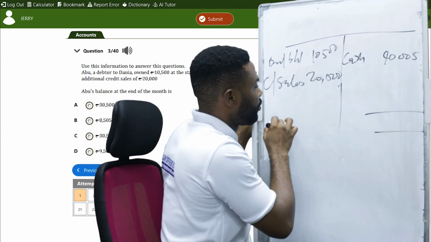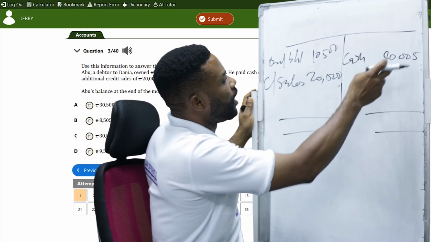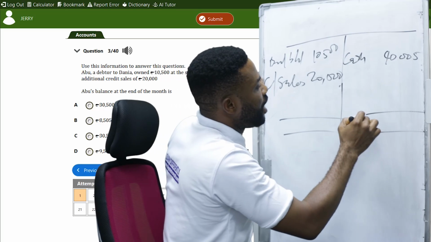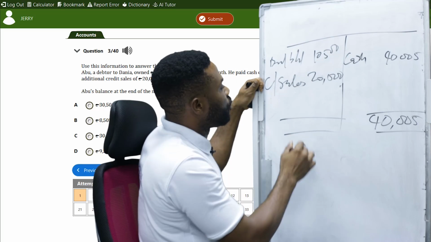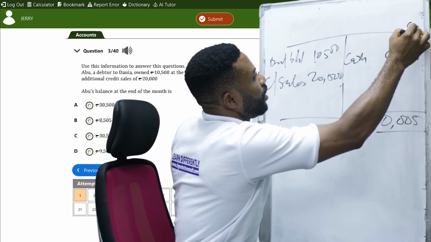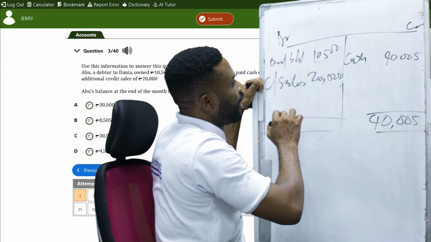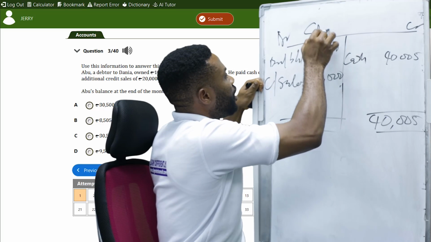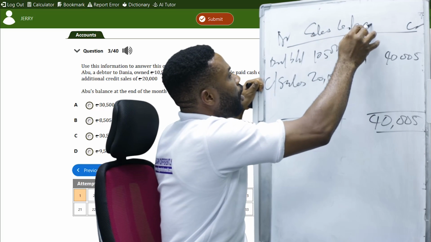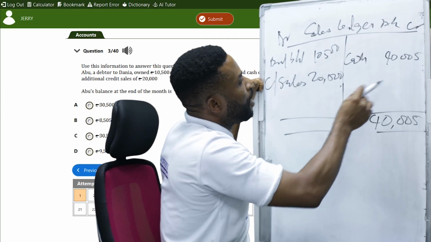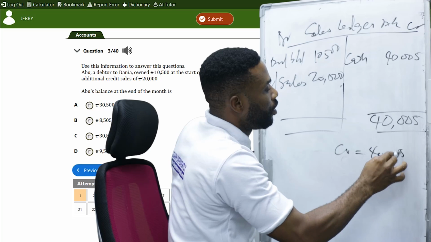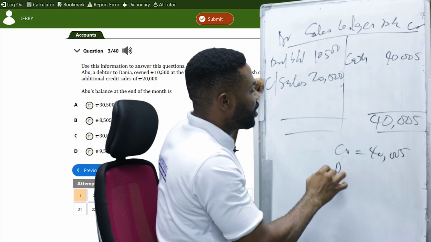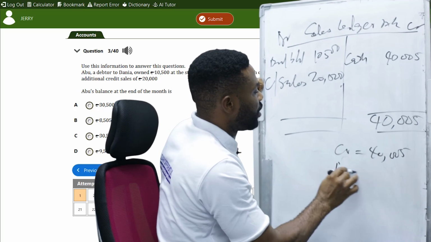First of all, the credit side is already higher than the debit side, because here is 40,005. This is your credit side. This is your debit side. Now, this is your sales ledger account. Now, this side, credit side, is equal to 40,000, while the debit side is equal to what?